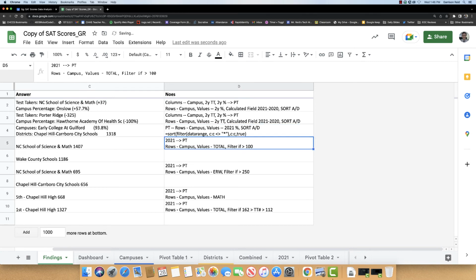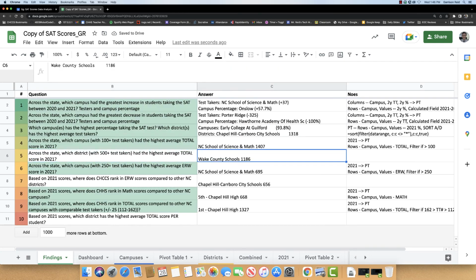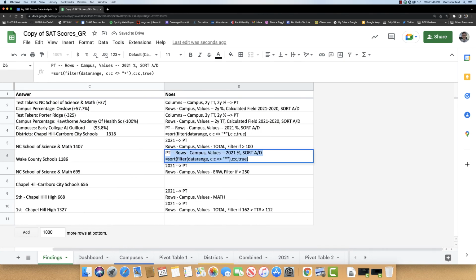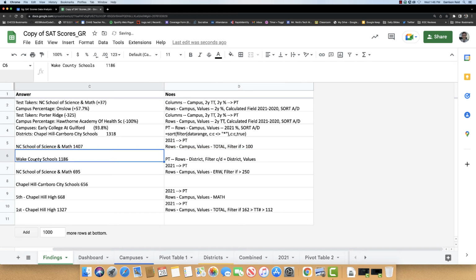Great. Then our next one, we did a pivot table. We had a pivot table for our, and then we picked districts. We did have a filter where campus or district is equal to district. And then we had values that were for total.